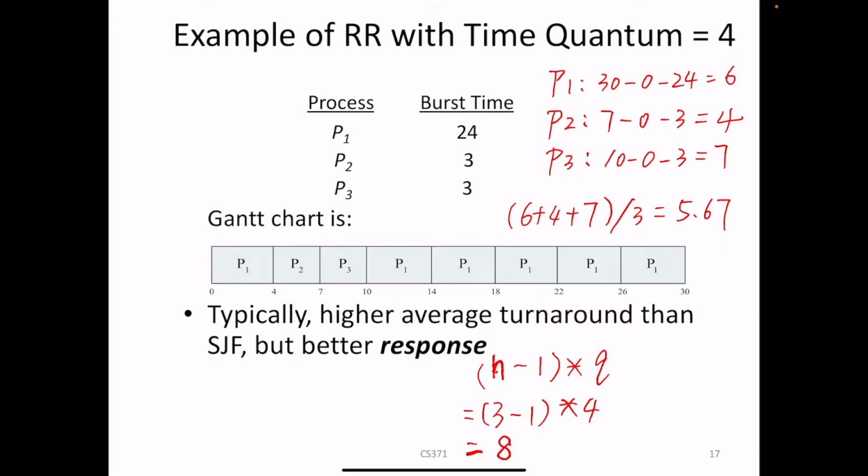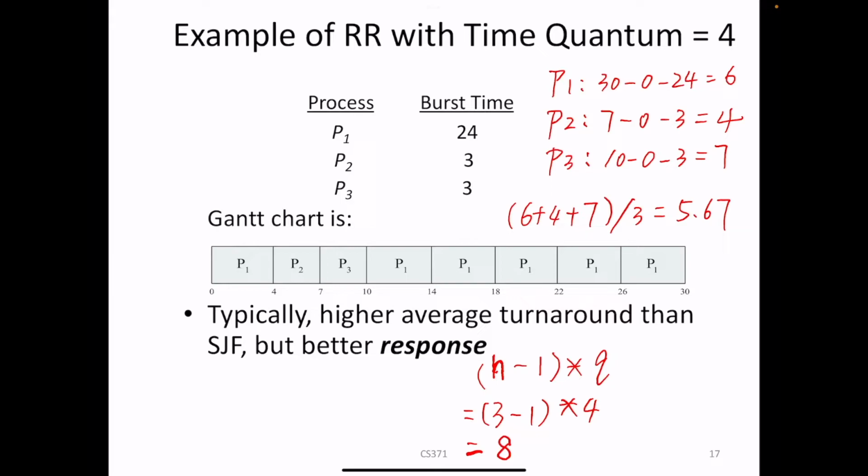Therefore, P2 will be terminated at time 7. Similarly, process P3 will finish at time 10. Then only P1 will be left in the ready queue. However, the remaining burst time of P1 makes P1 move between the CPU and the ready queue back and forth 5 times.